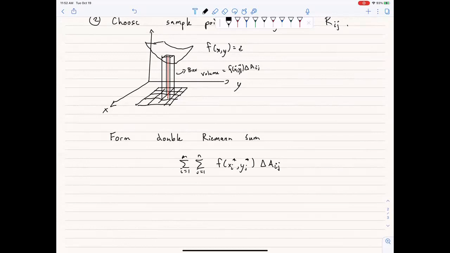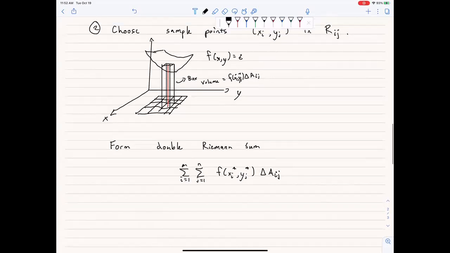It's an approximation, and if you ask a computer for some funky function to evaluate the volume under the graph of that function, it will generally compute this for a very fine partition up to some specified error.